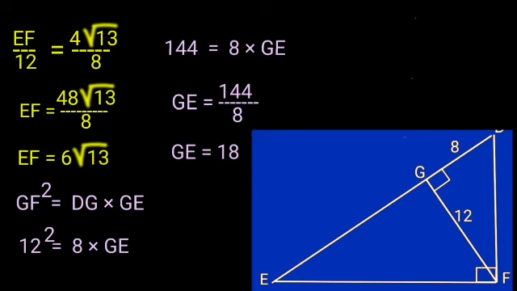We have to find the value of GE, hence GE is equal to 144 upon 8, that is GE is equal to 18. Thus we find the required value GE is equal to 18.